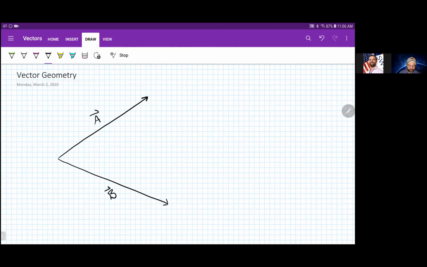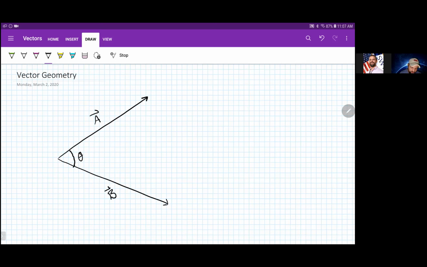And we've got some angle between these two, theta.